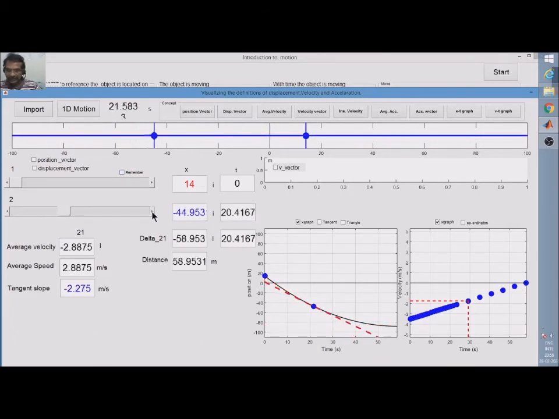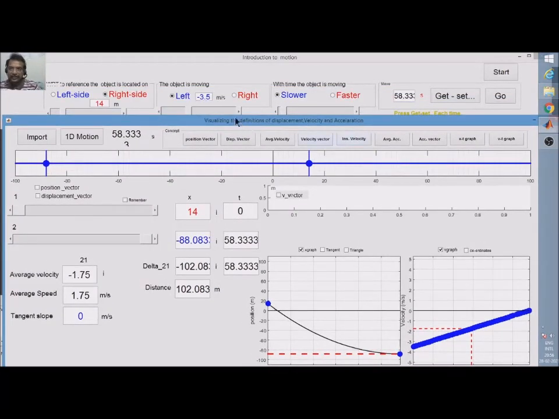So we can see it is a straight line again, where the end point is on the 0 line. It starts with a negative velocity, and at the end it becomes 0, and it has a positive slope with the time axis, but its starting is in the bottom coordinate and ends at 0.